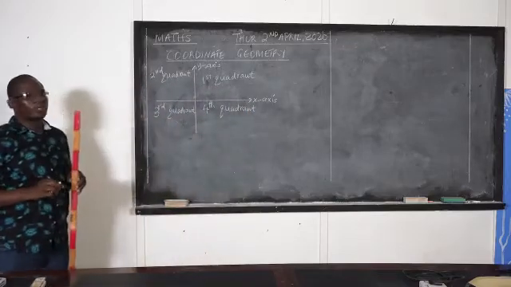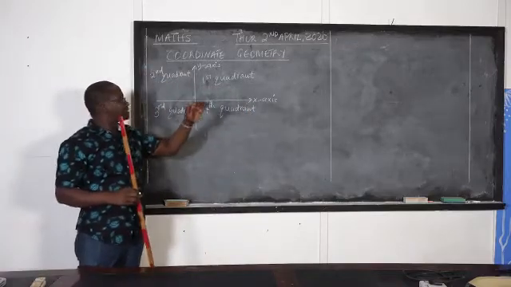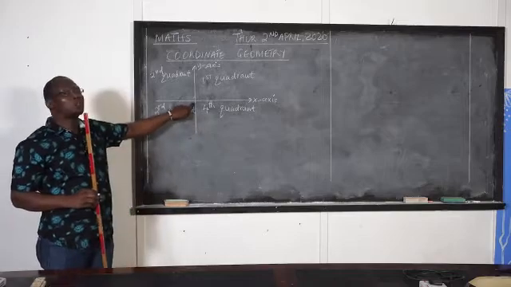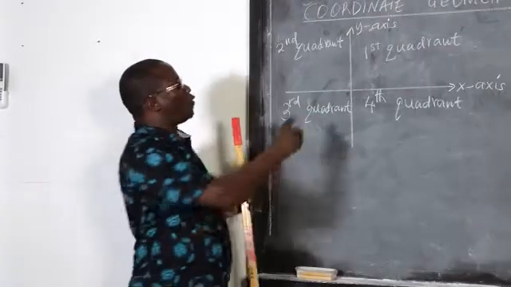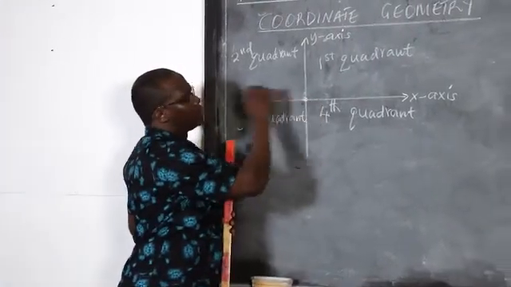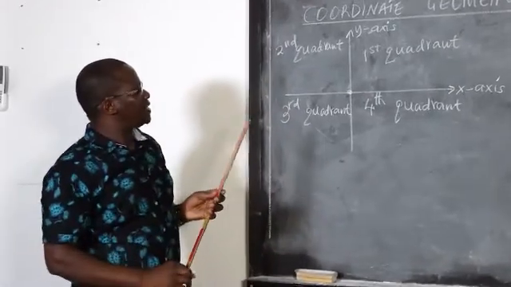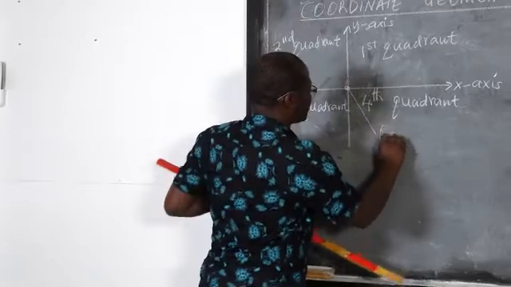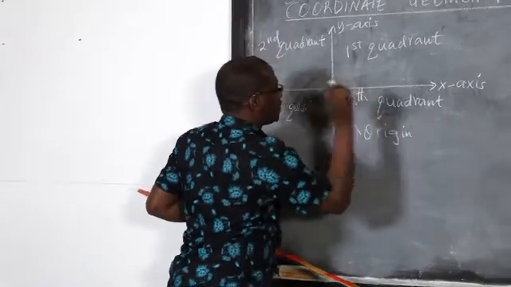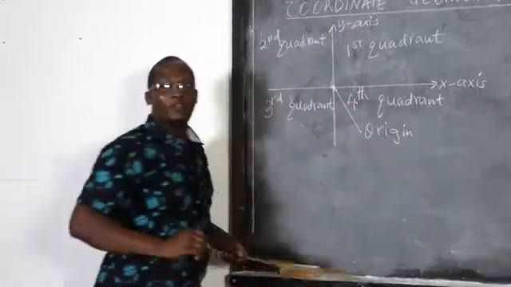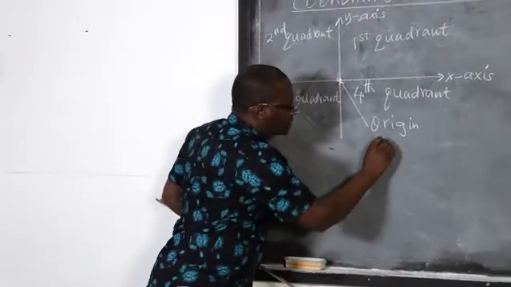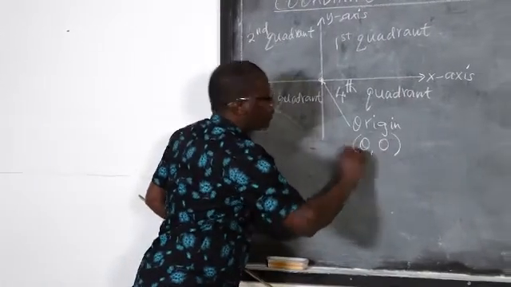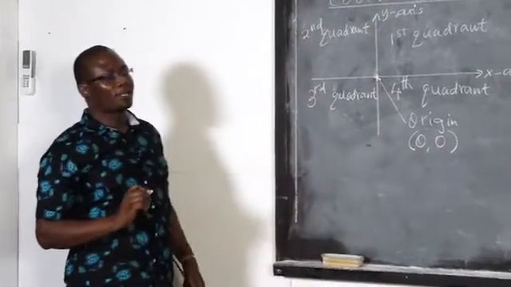Another important thing you need to know is that both axes meet at a point called the origin, where the y-axis and x-axis meet. It's very important to remember that the coordinate of the origin is given as (0, 0). So that's a very important part.